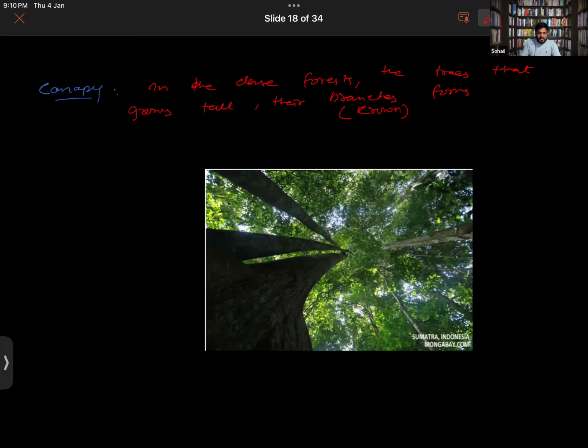So their branches form a roof-like structure that reduces the visibility of the sky. Hope that is clear to everyone.